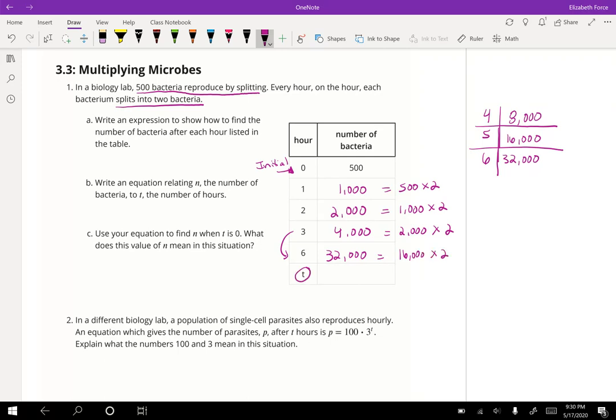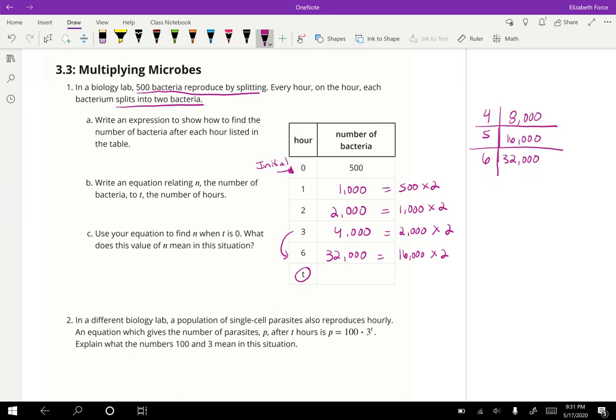Now T, hour T, what does that mean? Essentially what that's asking you is, can you write an expression so that whatever number I give you for T, whatever hour, whether it be 1, 2, 6, 10, 18, whatever number I give you for T, could you just drop that number in for T in your expression and it will give me the amount of bacteria?